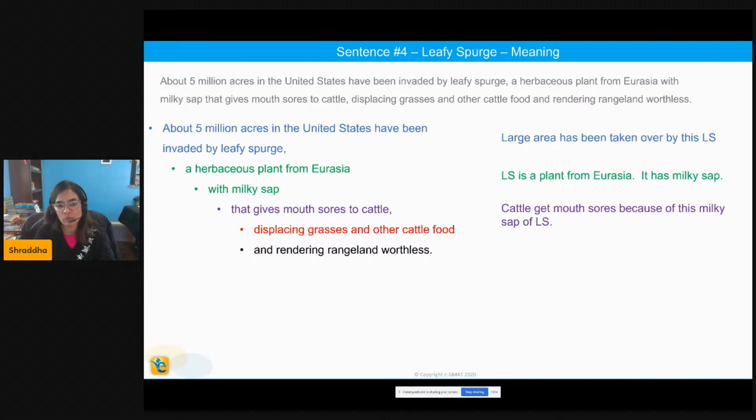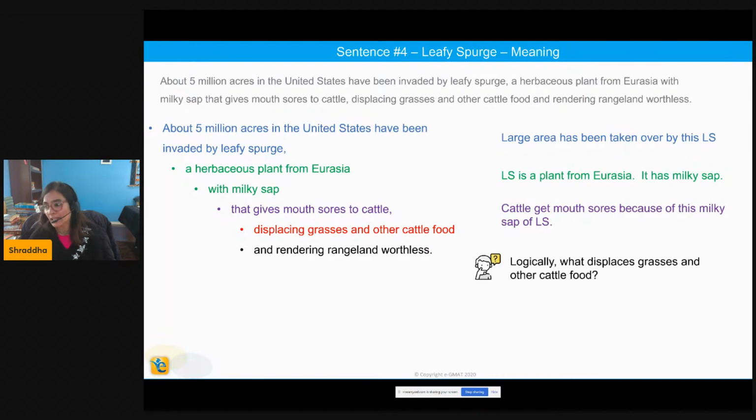And it was easier for me to understand that, okay, we all are logical people. I could put 2 plus 2 together to say that, hey, if the cattle get mouth sores by eating leafy spurge, why will they go to those rangelands which have been totally taken over by the leafy spurge, right? So that's how I came about my inferred meaning, and you can also do so.